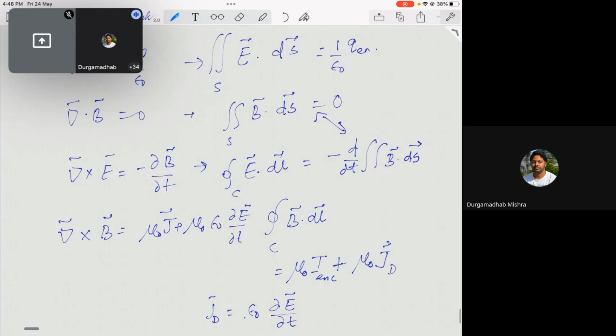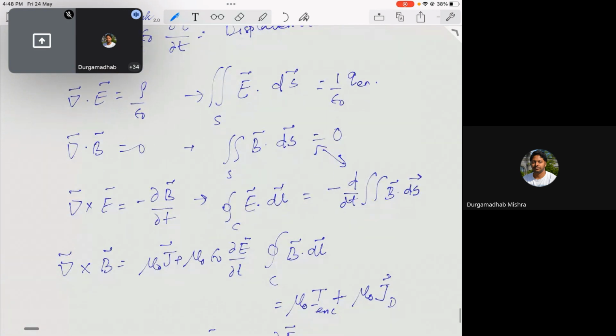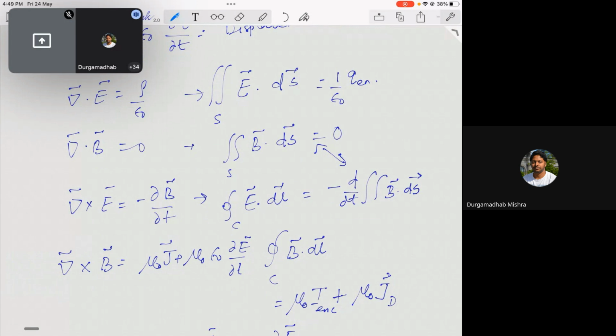So these 4 equations, let's write them down in vacuum, where I have no charges and no electric current.